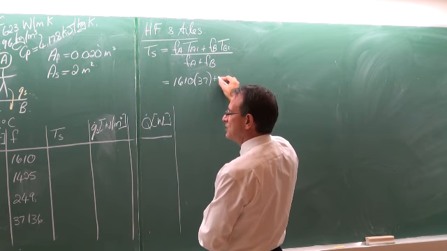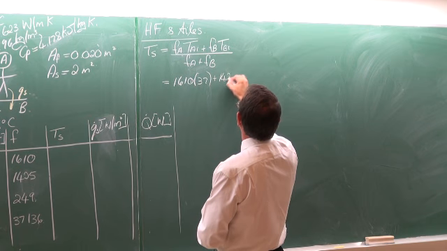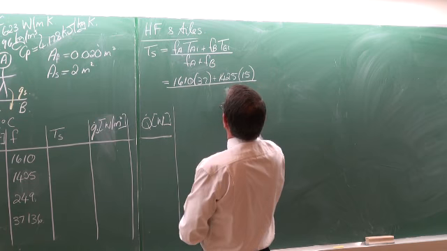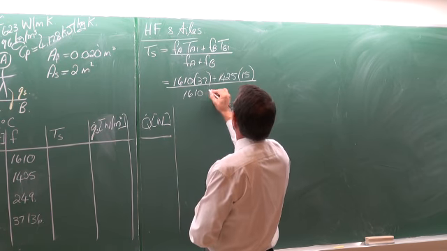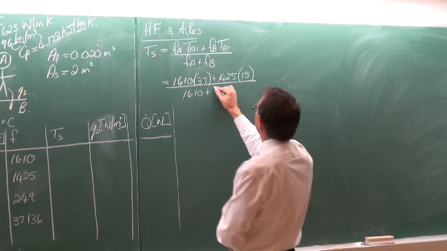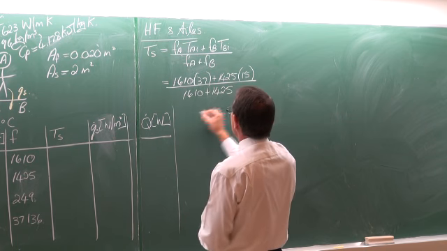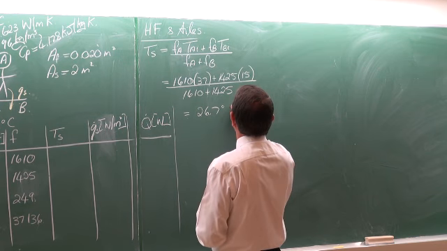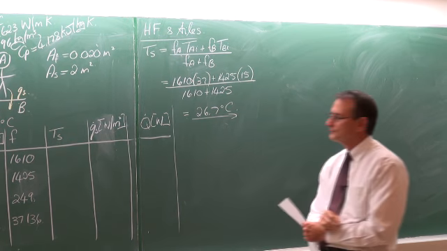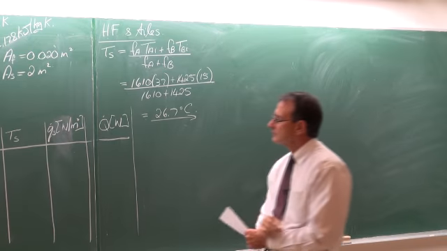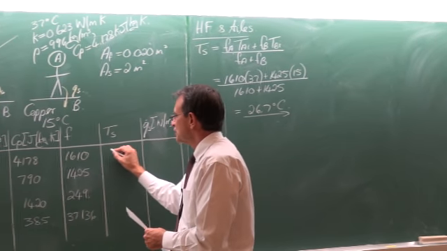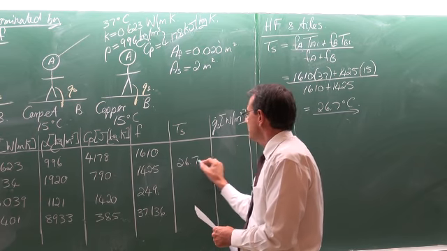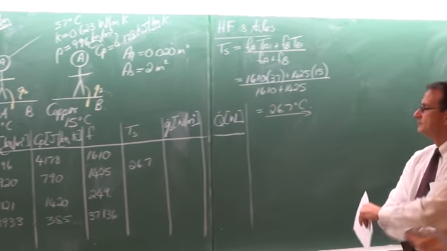Plus FB, which is equal to the tiles, 1425, multiplied by 15, divided by F of the human flesh plus F of the tiles, 1425, and if we calculate it, it is equal to 26.7 degrees Celsius. So this temperature between the human flesh and the tiles would be 26.7 degrees Celsius.